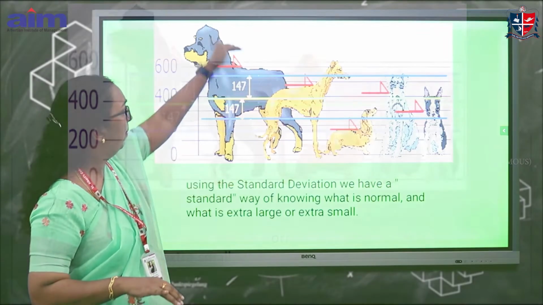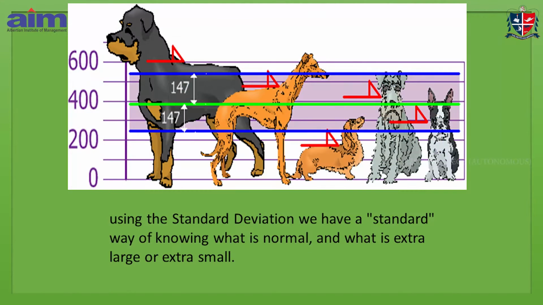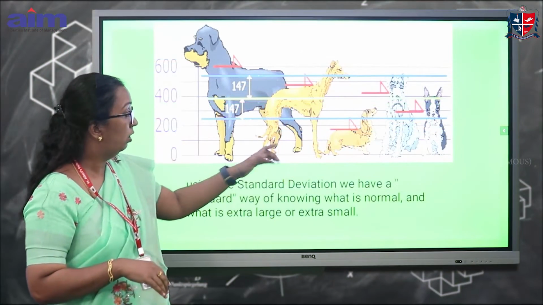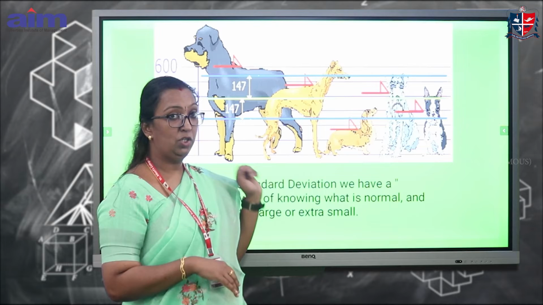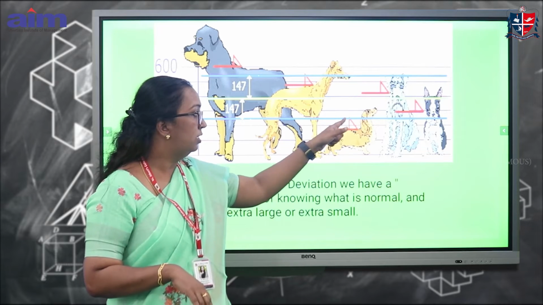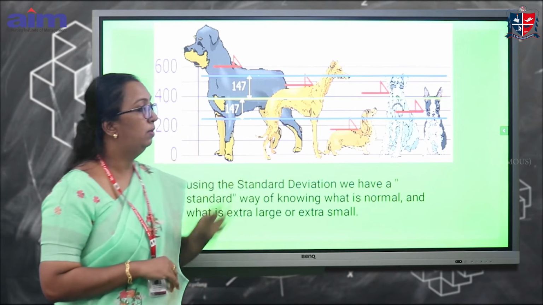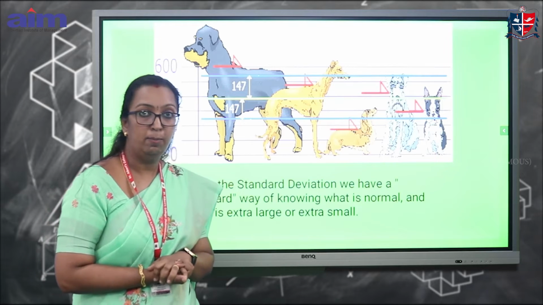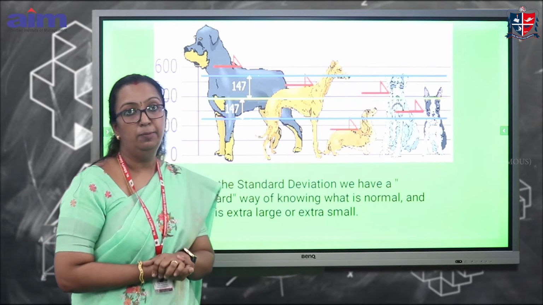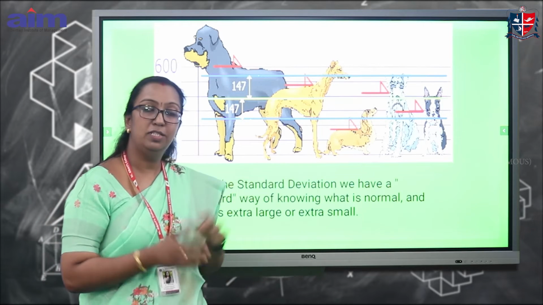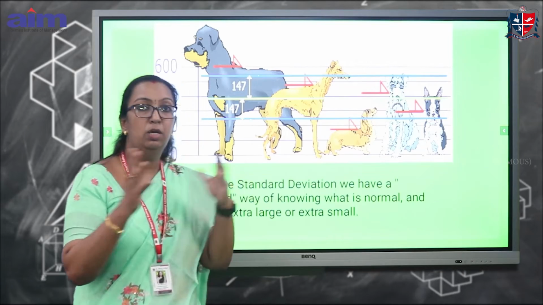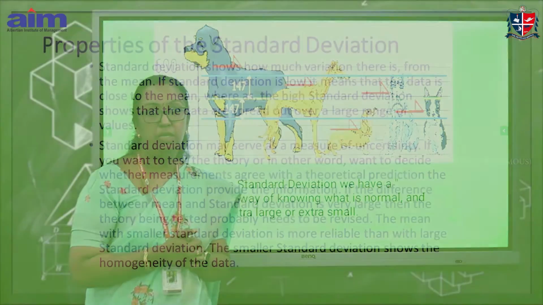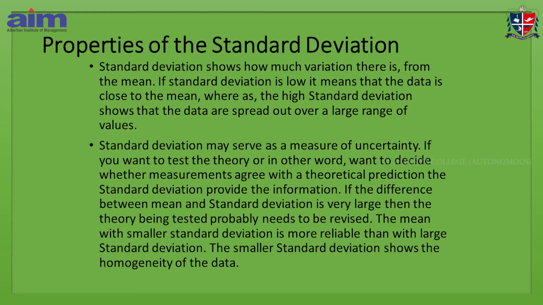So if it is above this 147, then your dog is an extra large dog. Or say you have a dachshund, and if it is coming under the required normal level, then it is a small dog. So this is how you try to understand the variation inside your data using standard deviation.